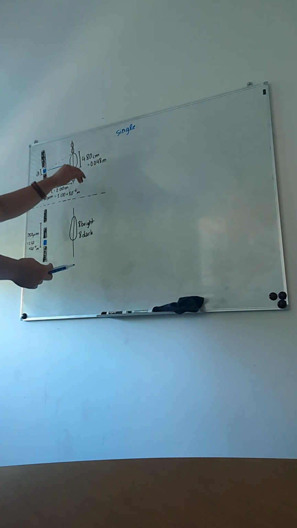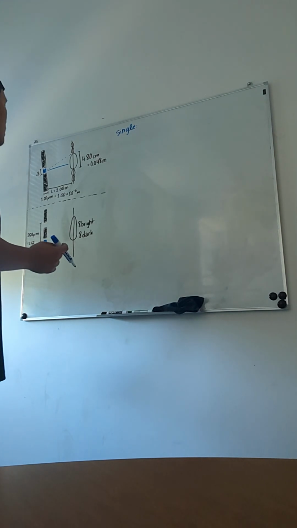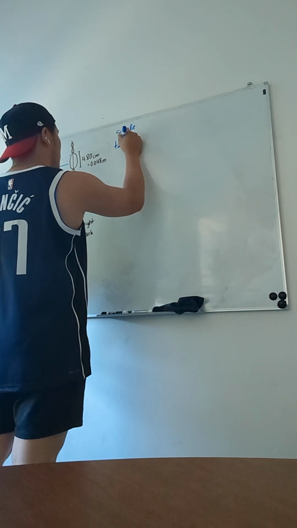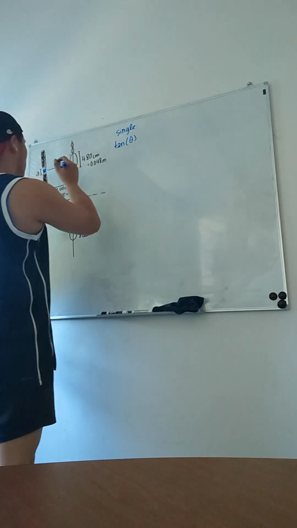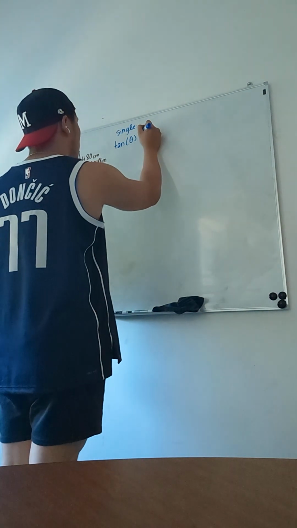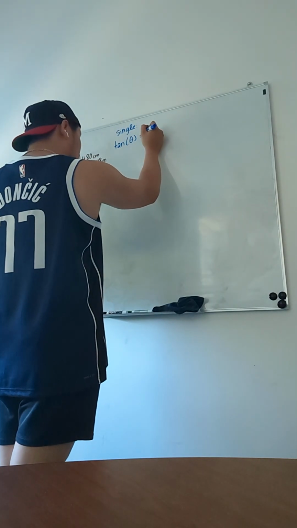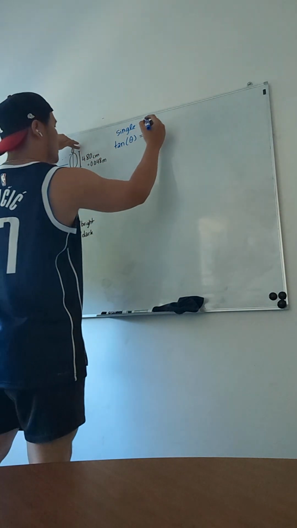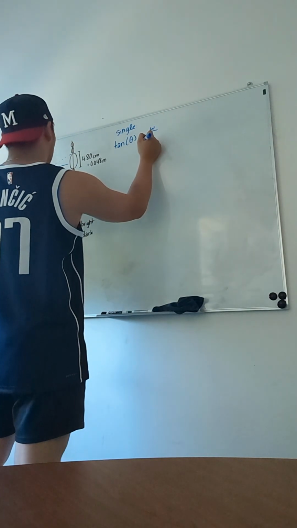Because we know the length, we know this height, so we can establish that tangent theta, this angle here, is equal to the opposite, which we're going to know is W, over the adjacent.